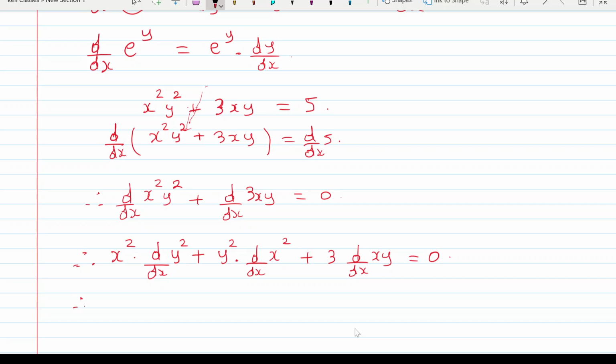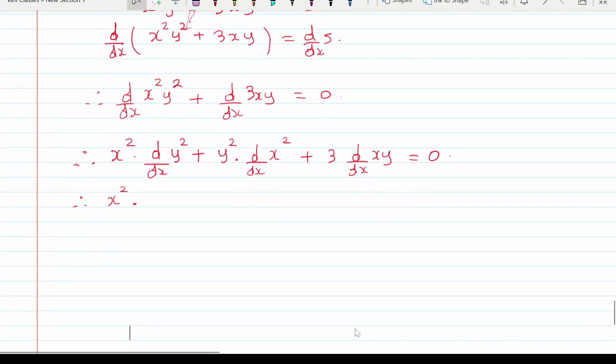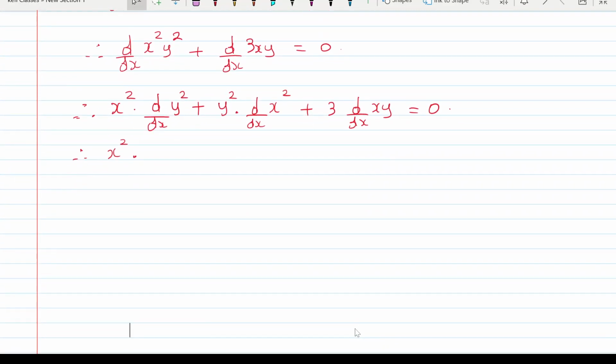Right? Therefore, x square into... you understand one problem, you will be able to do everything. There is nothing in this problem difficult. Concept समझो. x square into d by dx of y square is 2y and then you multiply by dy by dx. You should not forget this part, which Laboni forgot. So she lost 3-4 marks.